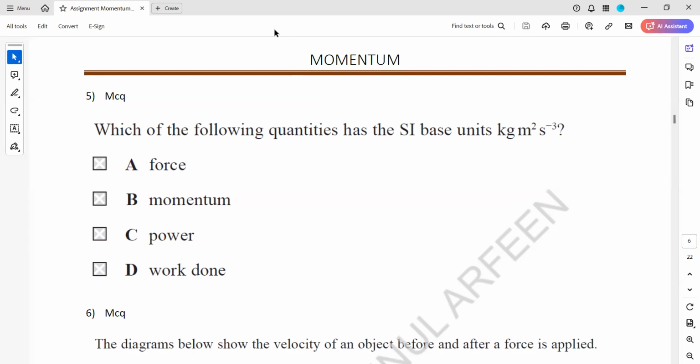Which of the following quantities has an SI base unit of kilogram meter square second raised to power negative 3?